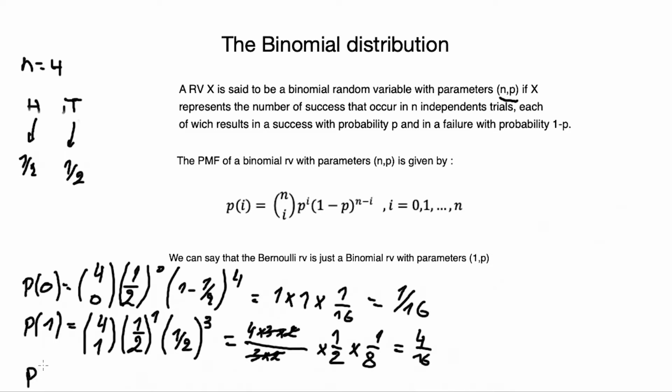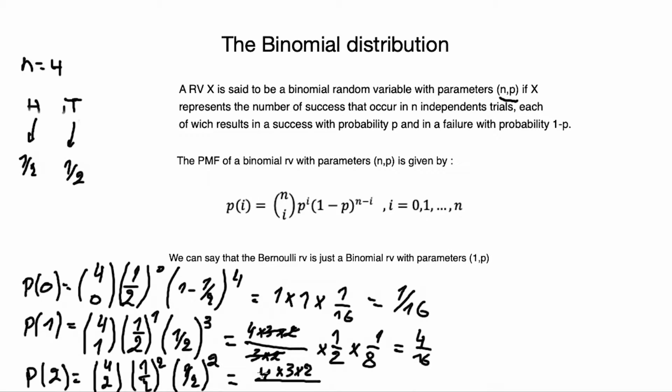And the probability of getting 2 heads is equal to 4 chosen 2 times 1/2 squared times 1/2 also power 4 minus 2, which is 2. Here it will be 4 times 3 times 2 over 2 factorial times 4 minus 2, which is 2, also 2 factorial.